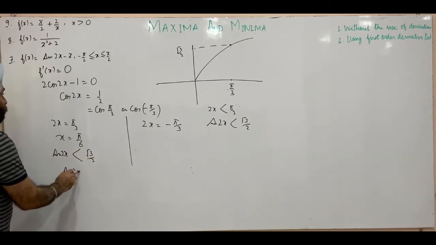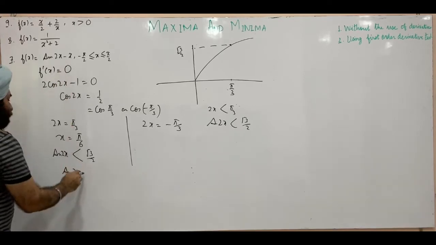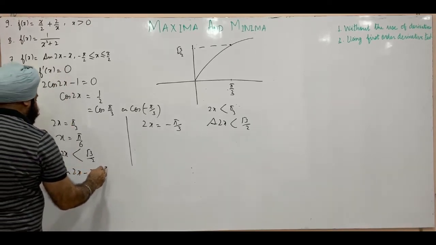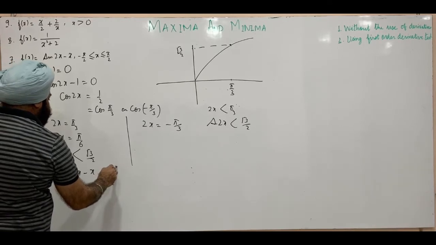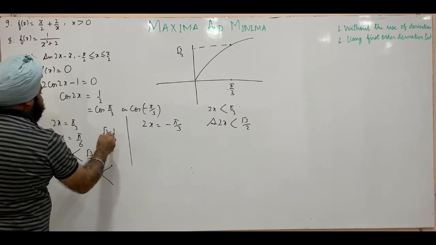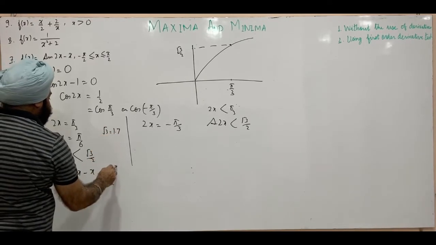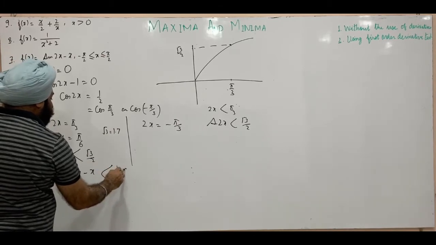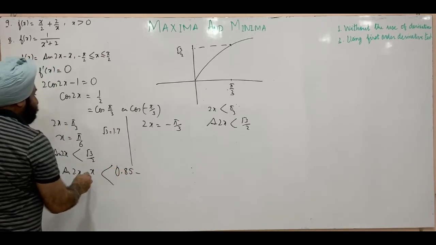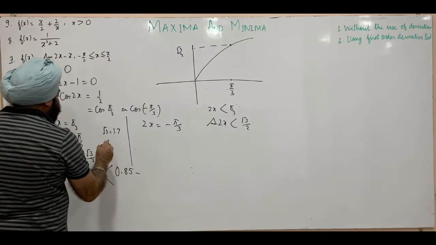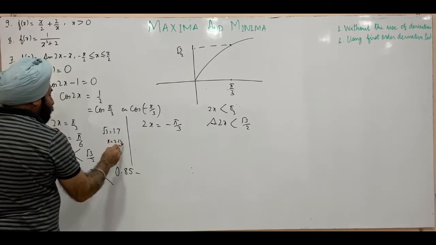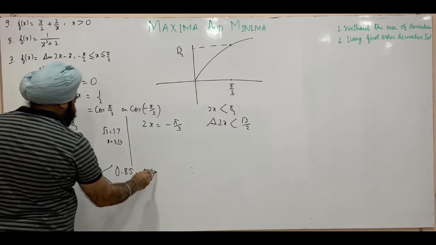And what about sine 2x minus x? Okay, this will be less than root 3 by 2. Root 3 is 1.7, so 1.7 divided by 2 is 0.85, and minus x is pi by 6, pi is 3.14 divided by 6 is roughly 0.5.